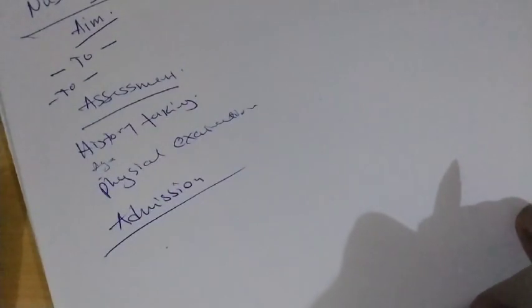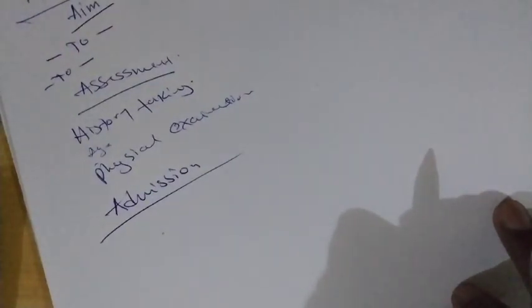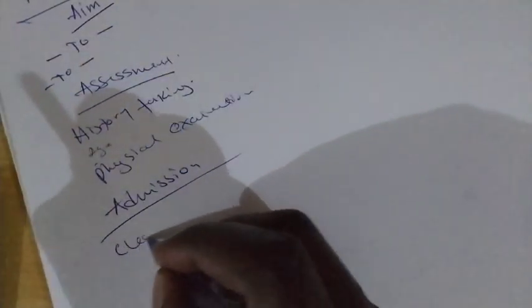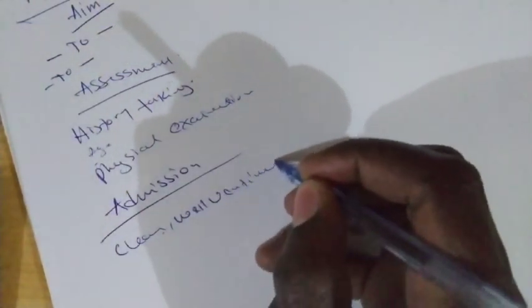Depending on our assessment, you can decide to admit in isolation, in the ward, that is male or female ward, surgical ward, also depending on the condition of the patient. And the room also should be clean, well ventilated, and having sufficient light.